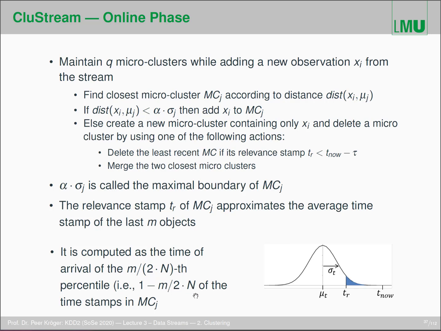So this relevance stamp should give you an idea if the whole thing is outdated, because if this percentile is smaller than the current timestamp minus a threshold, which is another parameter, then you classify this microcluster as outdated and you delete it. But only if you have to delete a microcluster in order to maintain just Q. Yeah, that's the idea.